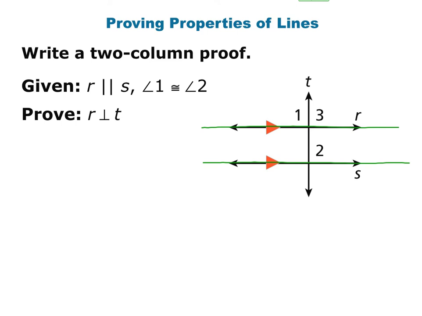If two parallel lines are cut by a transversal, then, so can you pick out a pair of corresponding angles in that diagram and tell me about them being congruent?